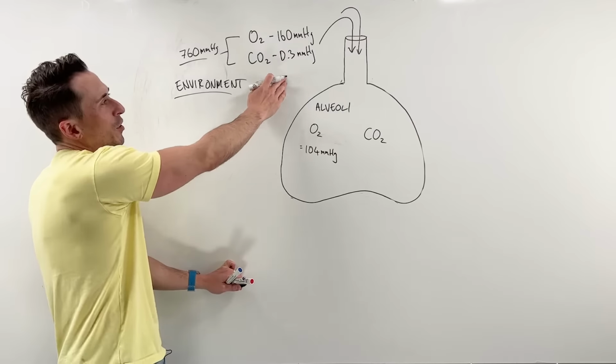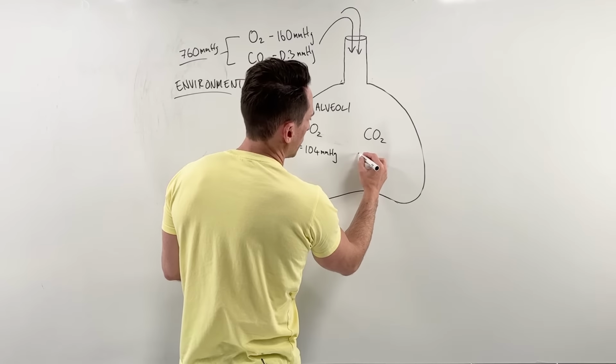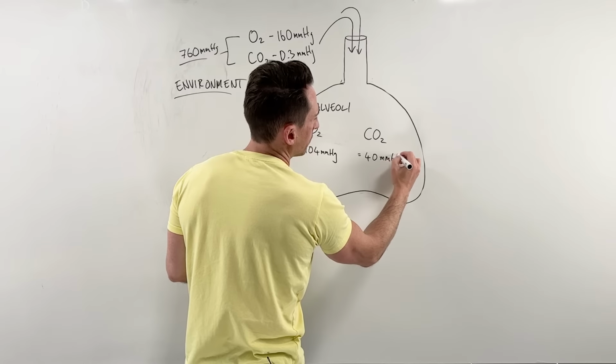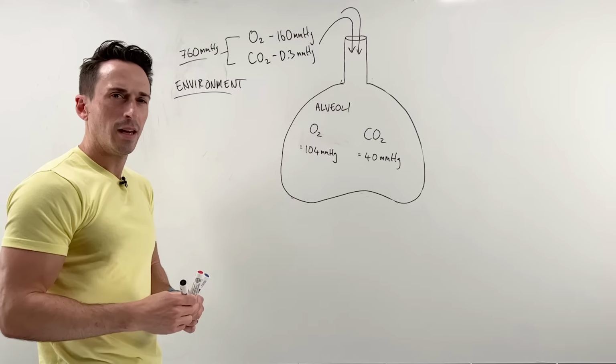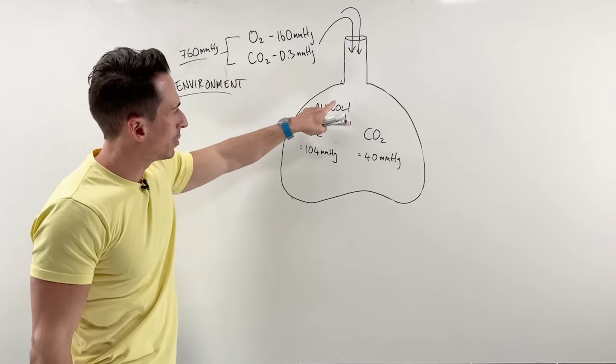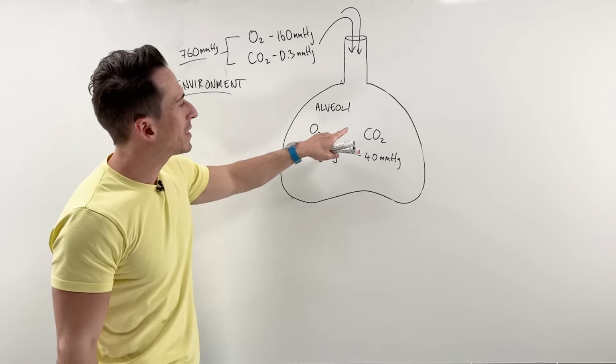And the carbon dioxide goes from 0.3 to 40. This is interesting. How does this happen? How do we lose oxygen by getting into the alveoli? How do we gain carbon dioxide?